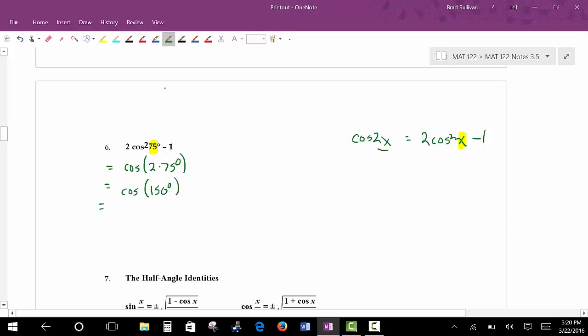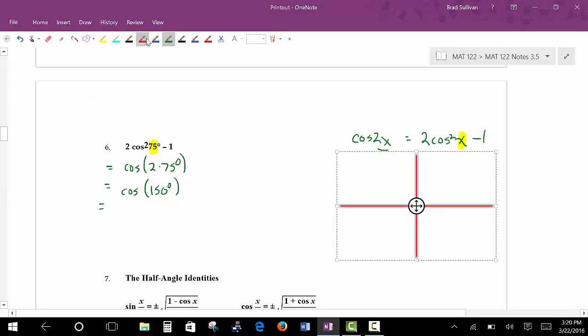And we can analyze that on a unit circle like we've been doing. On a unit circle, 150 degrees, of course, is in quadrant 2. It will be this point on the unit circle. At that point, x is as far to the left as possible, which is why I know that it's negative square root of 3 over 2.